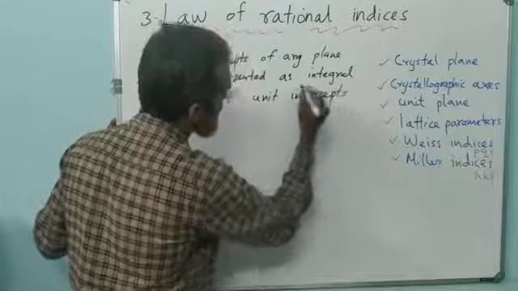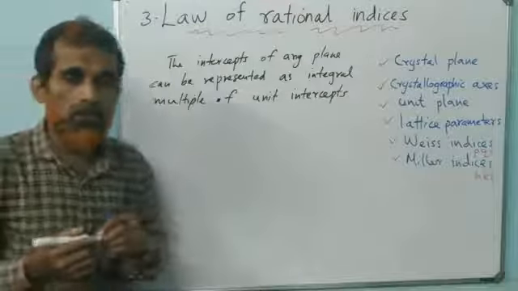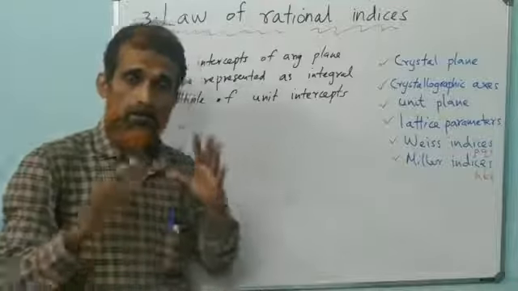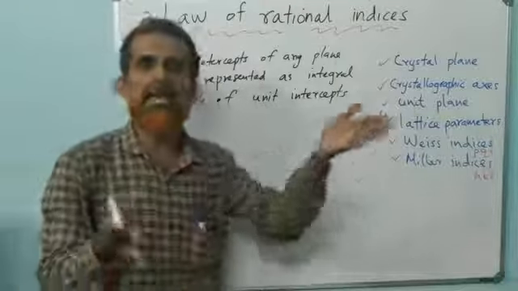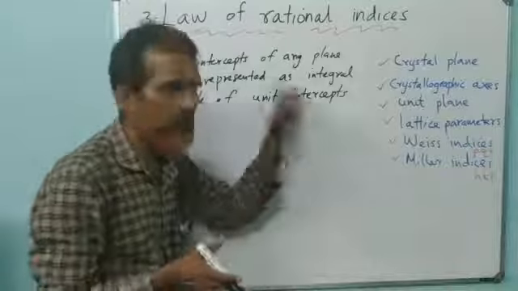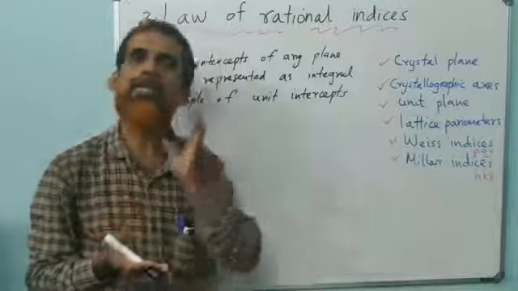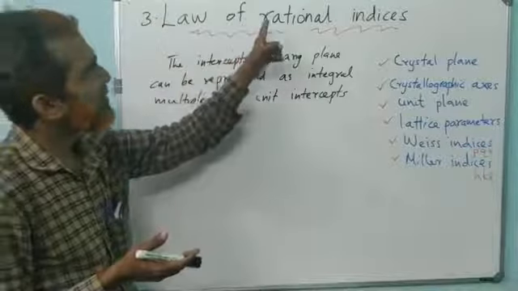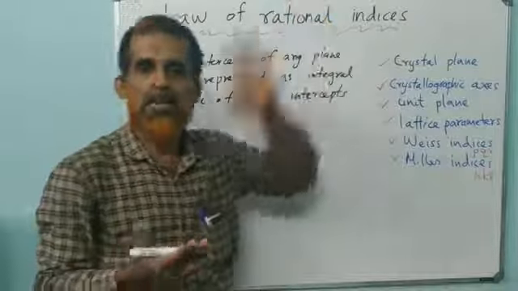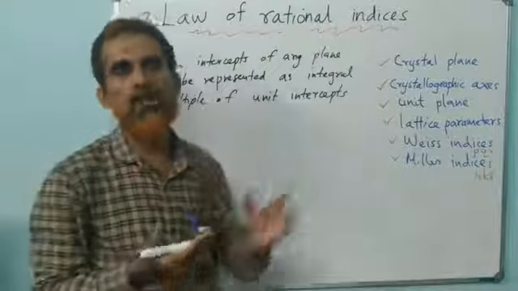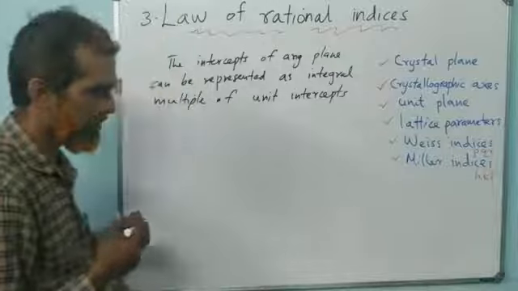Very simple law. So the intercepts of all the planes can be represented in terms of unit intercepts. It will be a rational number multiple of the unit plane. So it's so simple.